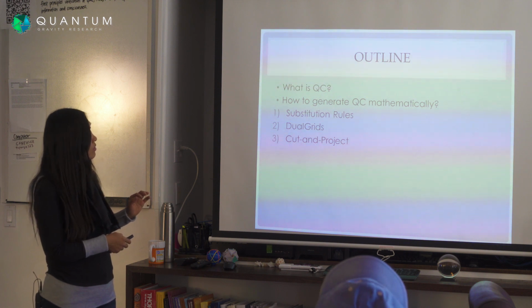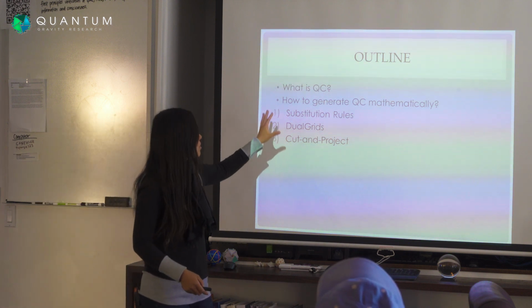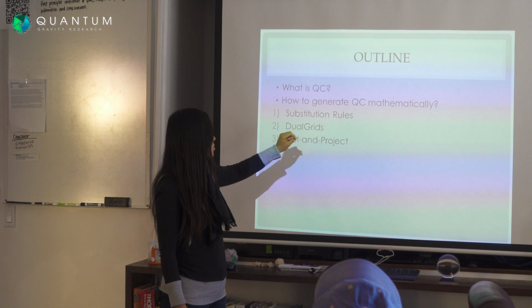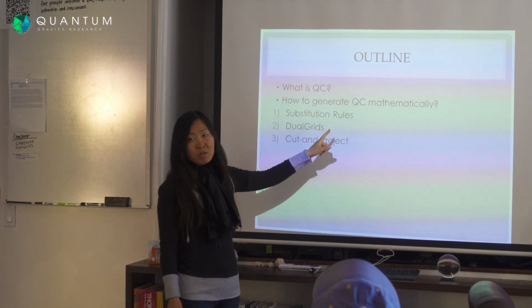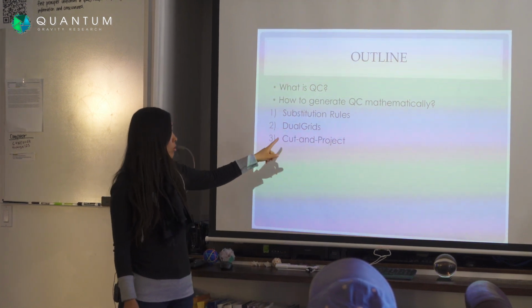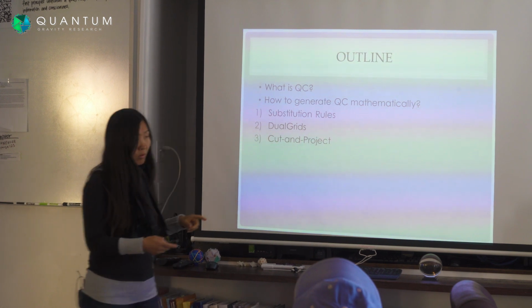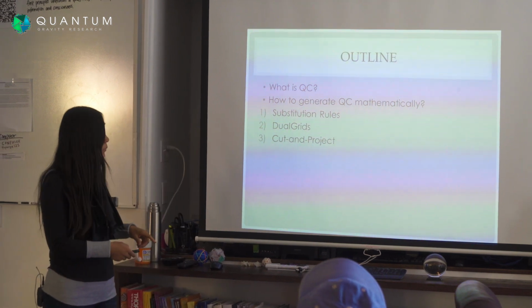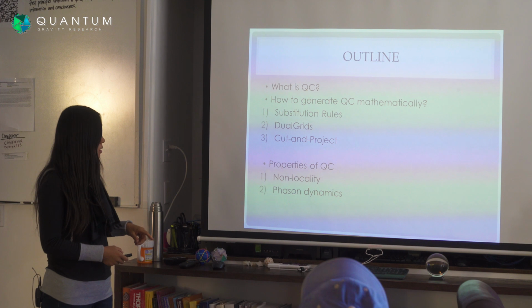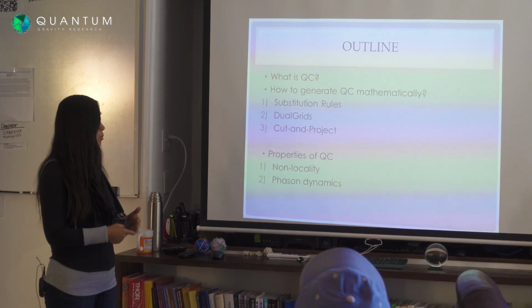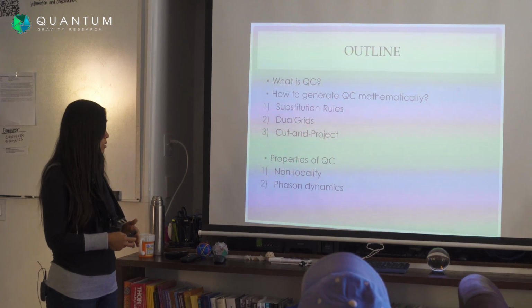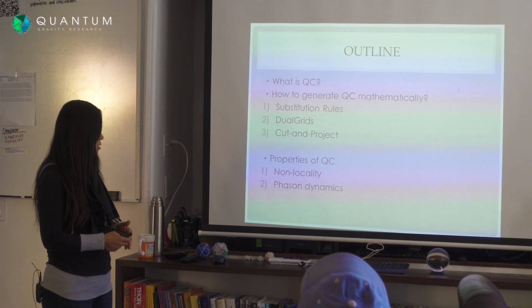Yeah, so I will cover the 3 ways of generating the quasicrystal mathematically: using substitution rules, the dual grid method, and the cut and project from a high dimensional crystal. And then I will talk a little bit about the properties of the quasicrystal.